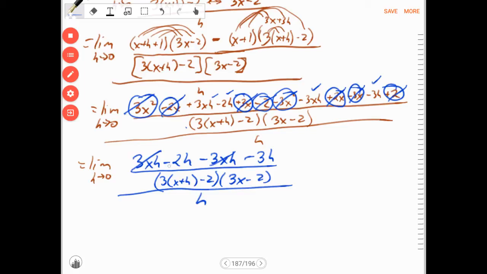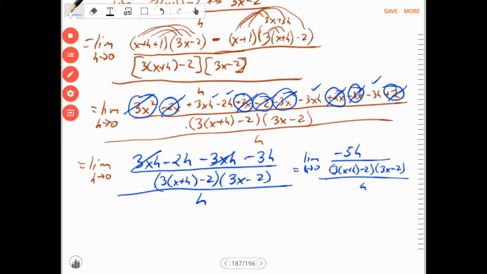And guys, what is minus 2h minus 3h? Well, last time I checked, those are like terms. So that's going to be minus 5h over this whole weird thing, 3x plus h minus 2 times 3x minus 2, great, all over h.